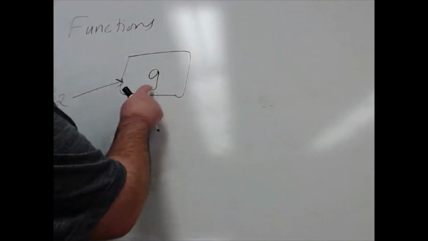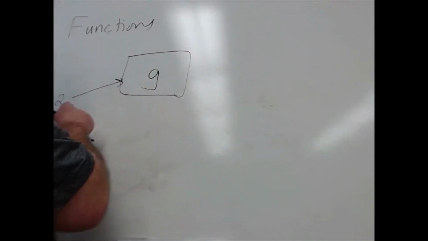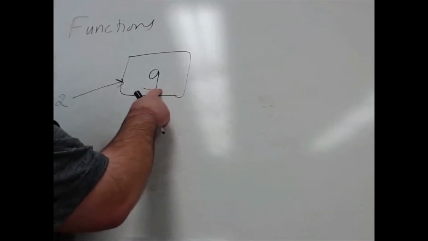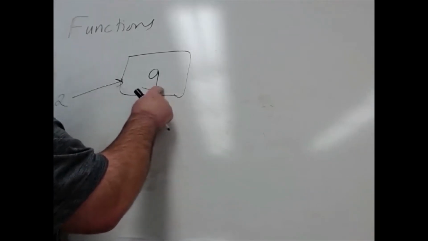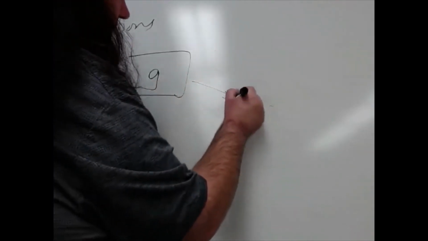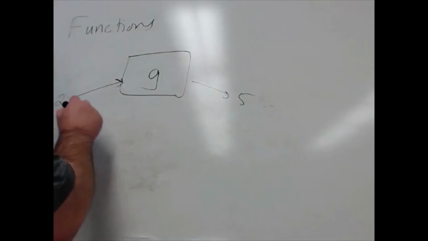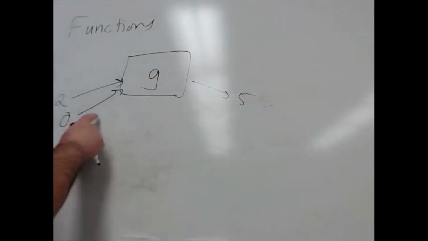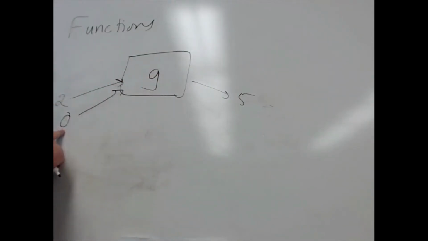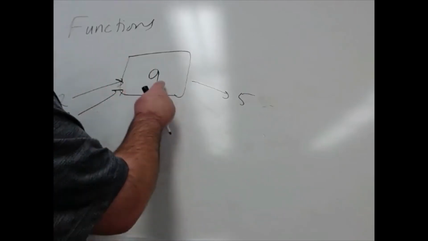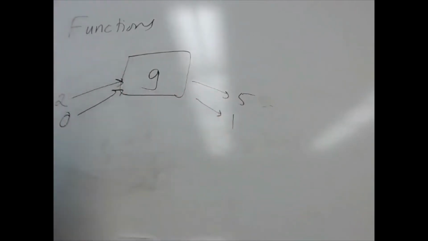If g doubles and then adds 1, it's going to take 2, double it to get 4, and then add 1 and spit out 5. If I take the number 0 and put it into g, g is going to double 0, which gives me 0, and then add 1, which gives me 1.